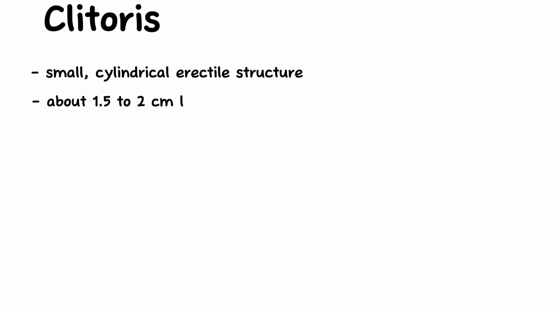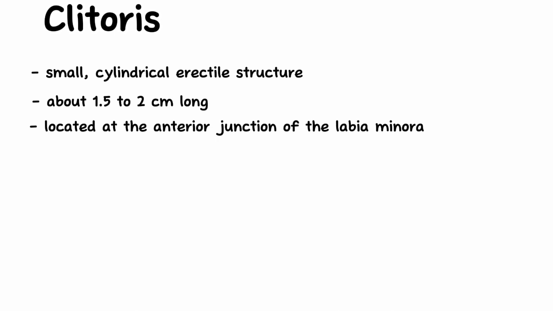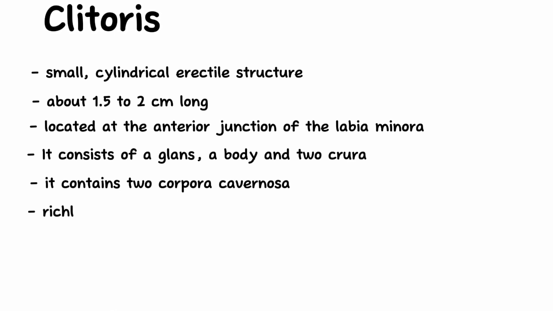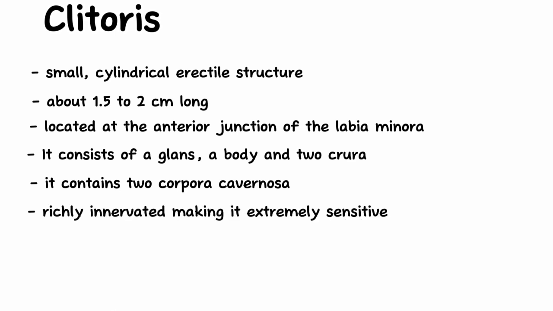Clitoris. The clitoris is a small, cylindrical erectile structure, about 1.5 to 2 centimeters long, located at the anterior junction of the labia minora. Structurally, it consists of a glans, a body, and crura. The clitoris contains two corpora cavernosa and is richly innervated, making it extremely sensitive.